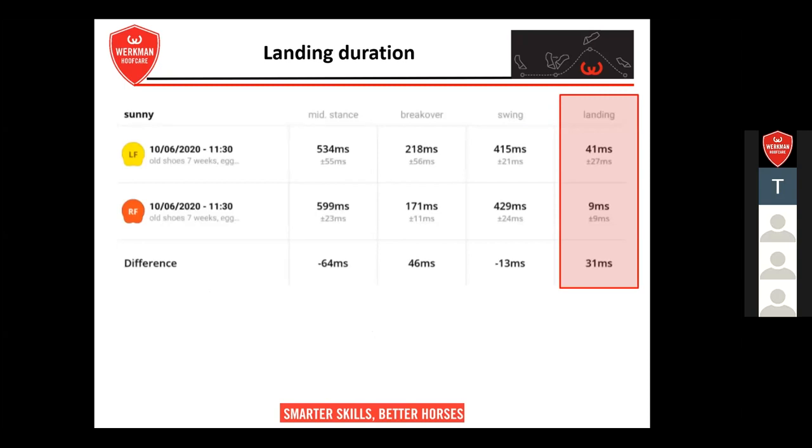So for example, you see a horse now. You see the left and the right front foot in the timing table, and the landing duration on the left front is 41 milliseconds, and on the right front, just 9 milliseconds.